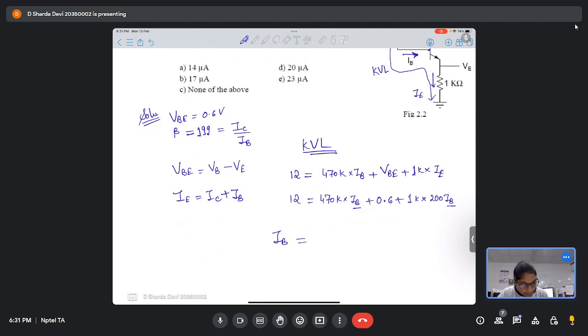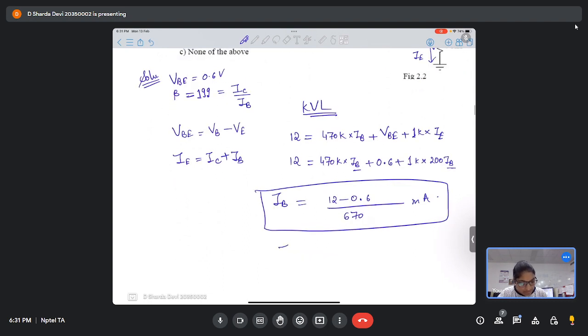IB will be 11.4 divided by 670 kilo ohms, which is in milliamperes. How much is this value? Can you calculate?